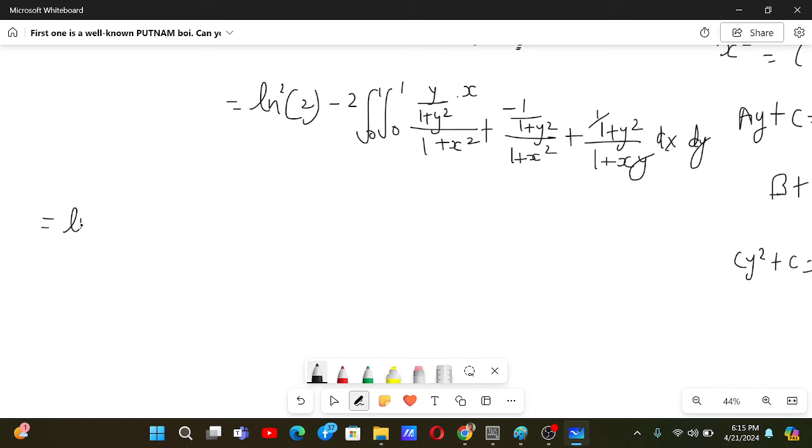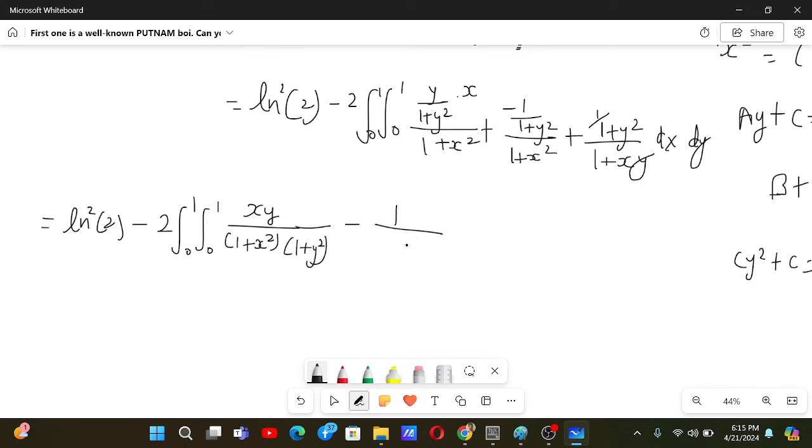We have ln squared 2 minus 2 times the integral from 0 to 1. Over here we have xy by (1 plus x squared)(1 plus y squared), minus 1 by (1 plus x squared)(1 plus y squared), and then plus 1 by (1 plus y squared)(1 plus xy), and then dx dy.